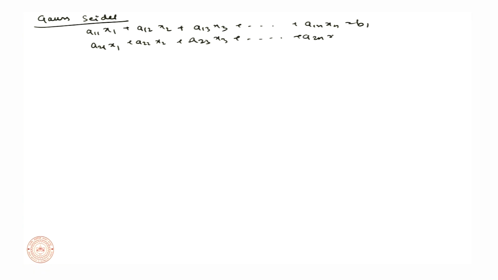So let's take our equation set a11x1 plus a12x2 plus a13x3 all the way up to a1nxn equals to b1, a21x1 plus a22x2 plus a23x3, all the way to a2nxn equals to b2, to an1x1 plus an2x2 plus an3x3 plus annxn equals to bn. Okay, so the same set of expression.